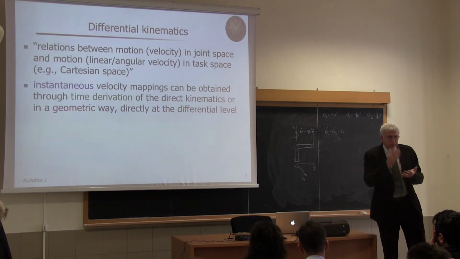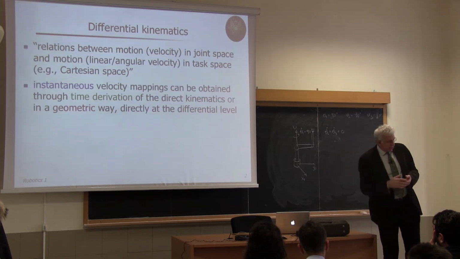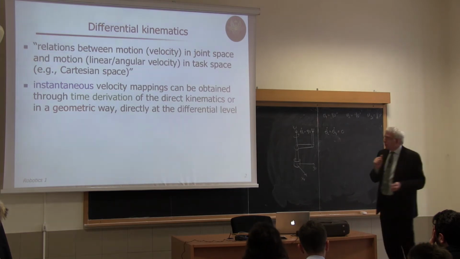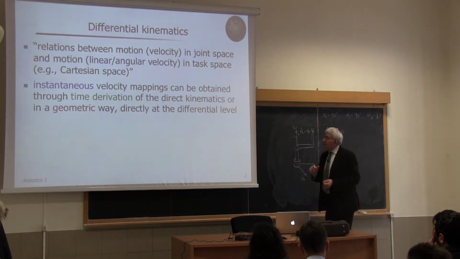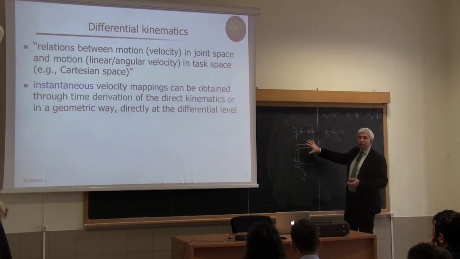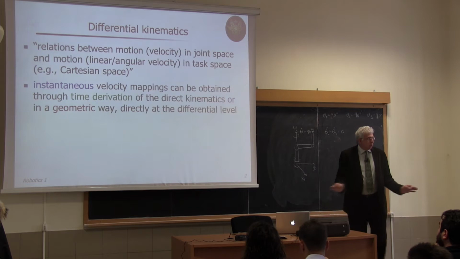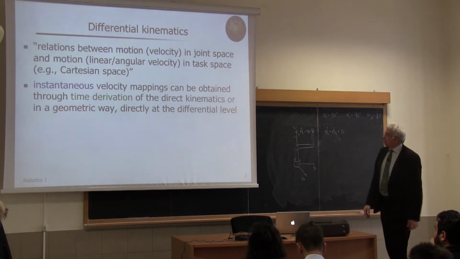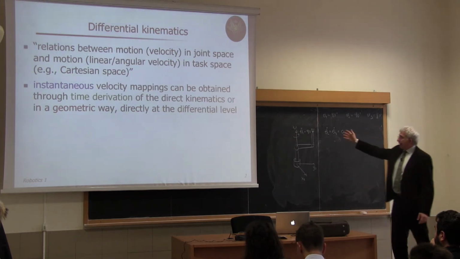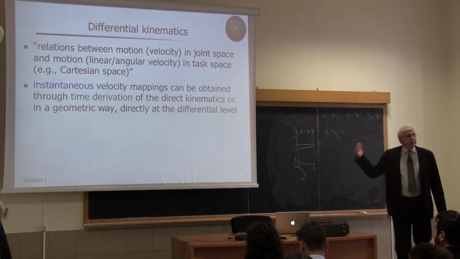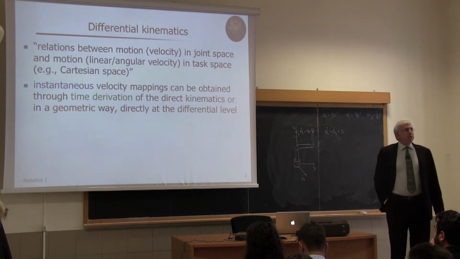So the description is instant by instant in a continuous flow. So we will compute this instantaneous velocity, and this is why we can consider for every problem the configuration as frozen, because it's instantaneous. And this velocity, linear and angular velocity of the end effector, let's say, can be computed in different ways.